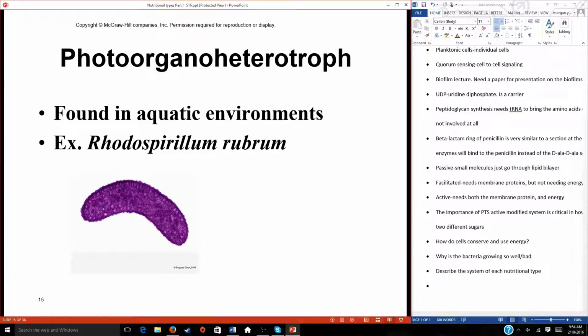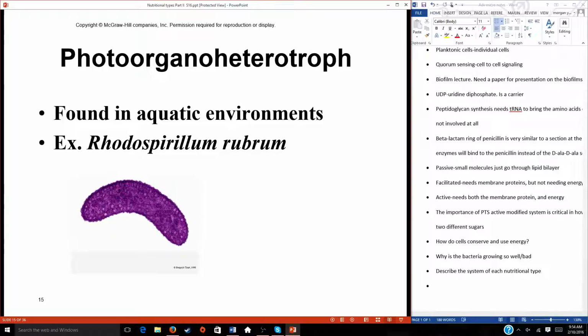If you just go outside and have the ability to see what's in there, chances are you're going to find some sort of photo-organo-heterotroph. The second nutritional type, quite prevalent. But water seems to have a lot of these. Marine water, the ocean, fresh stream water, just full of this stuff.